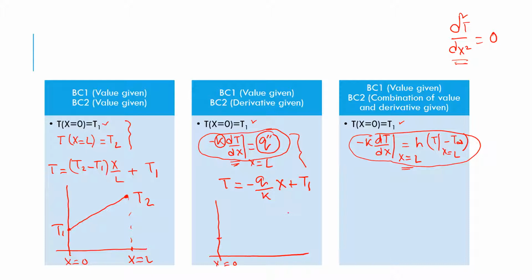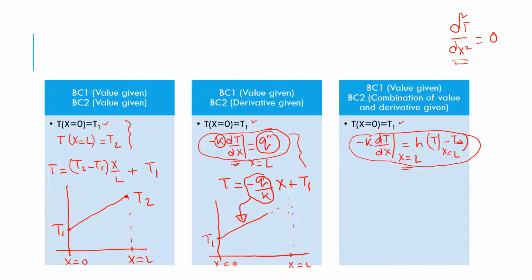At x equal to 0, it is T1, and at x equal to L, whatever value it is, but I know the slope. This is the slope of the line, and whatever T2 that leads to, we can figure out, but it is the slope that is given.